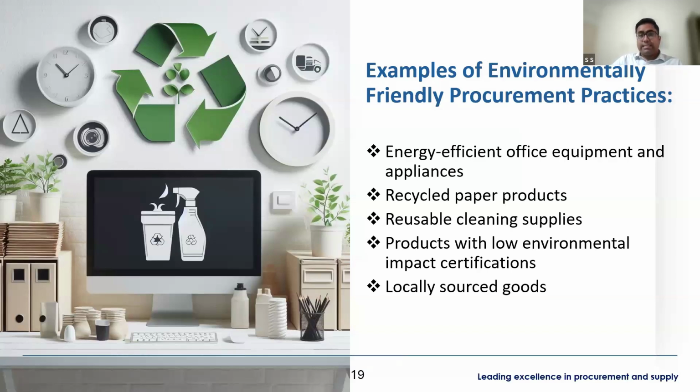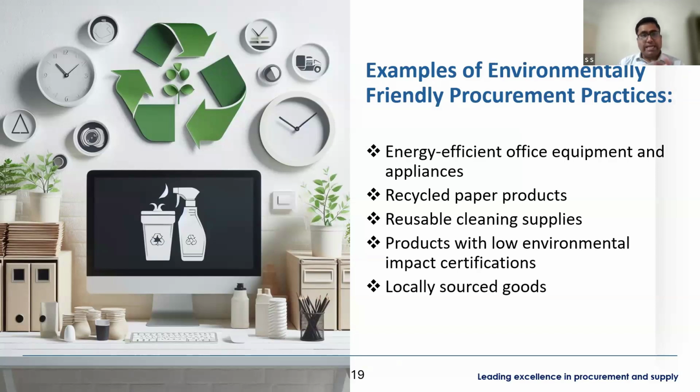Now we'll talk about examples of environment-friendly procurement practices. Energy efficient office equipment and appliances, recycled paper products, reusable cleaning supplies, locally sourced goods. I'll give you an example. If possible, I'll share the link also with you all.